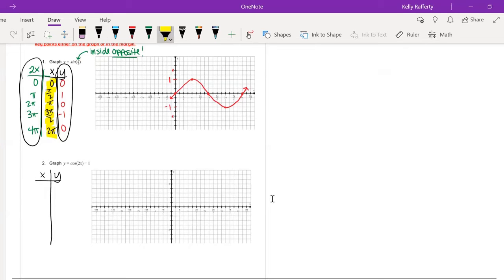All right, so remember, these are our key points for sine up here. Those are really good just to have for all of these. So I'm going to write sine key points. Our next graph, we need the cosine key points, but the x's are the same as the original for sine.